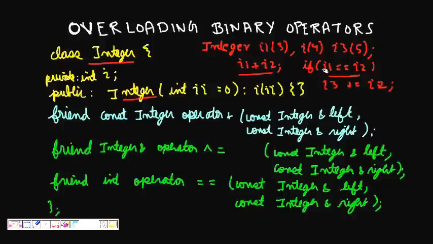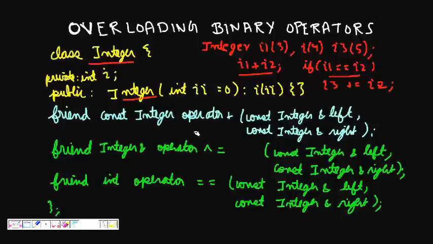If you don't have any overloaded operators, this will give an error. This will not work. But if you define the overloaded operators for it, then it should be working. And in this class we will see some of the methods. First, we are using binary operators here.